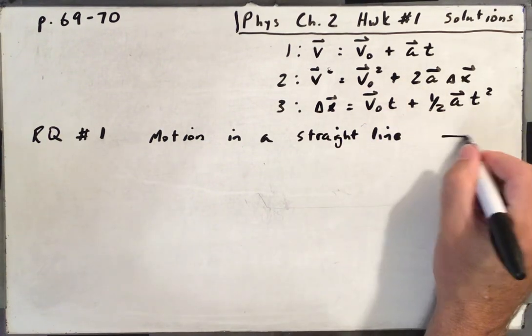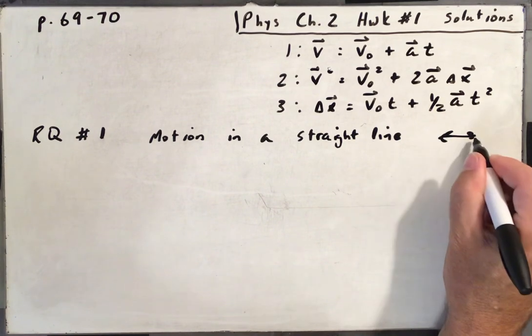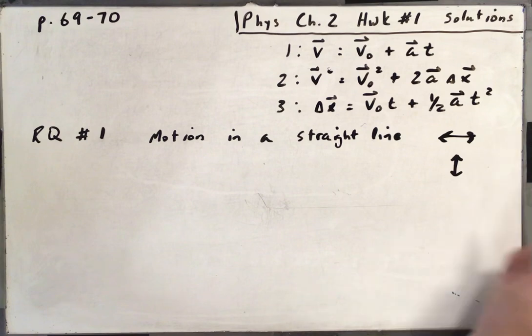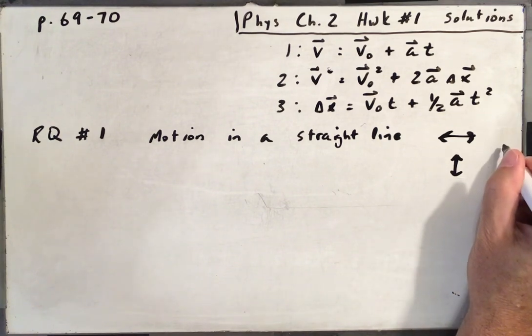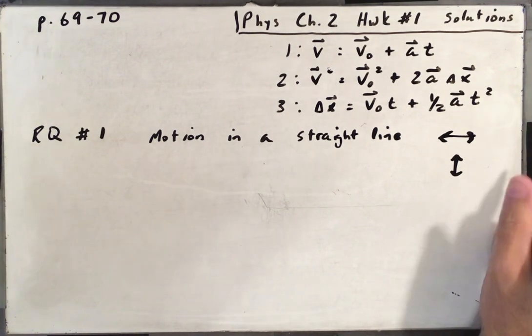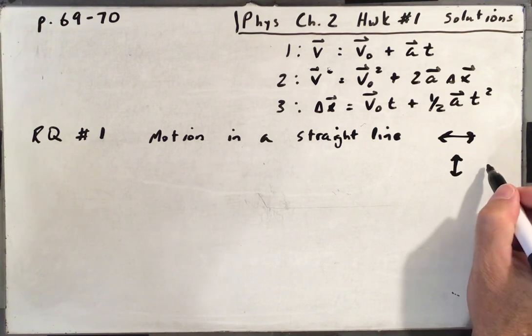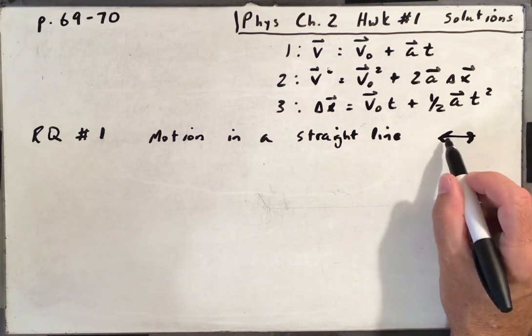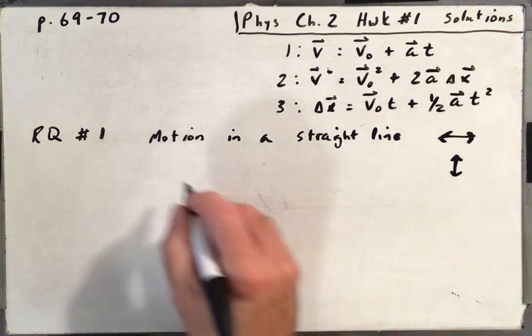So that's either side to side, or up or down. It could be at an angle as well, but then you would have to do some trigonometry. So the way we're going to do that in this chapter is side to side and up and down.